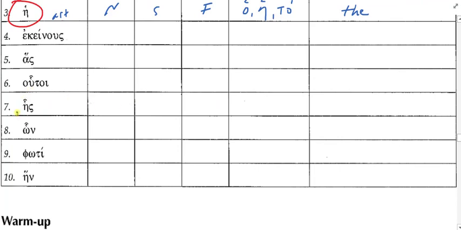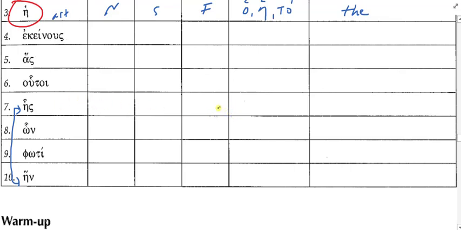Let's see. How about the difference between haste and hain? Are they the same word or are they different words? 7 and 10. What's that? They are the same word. Is it the article or a pronoun?